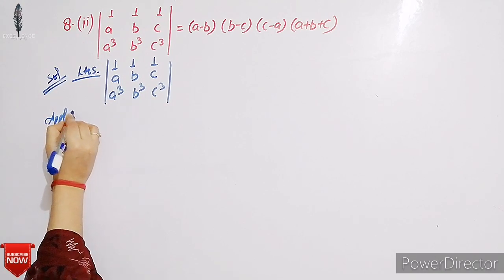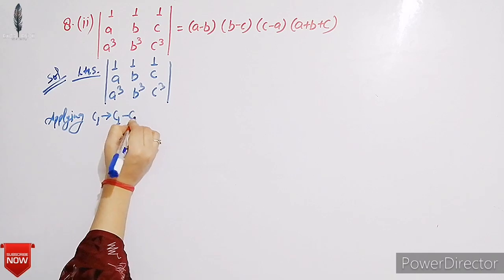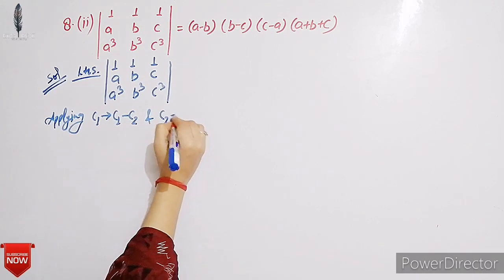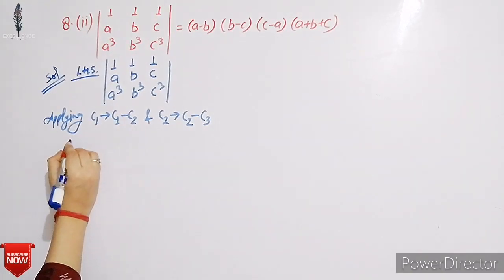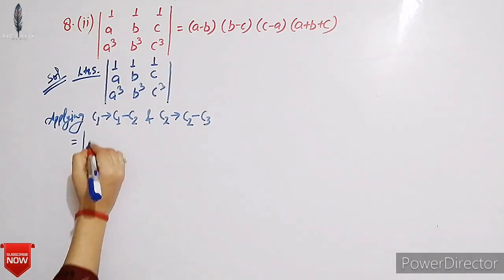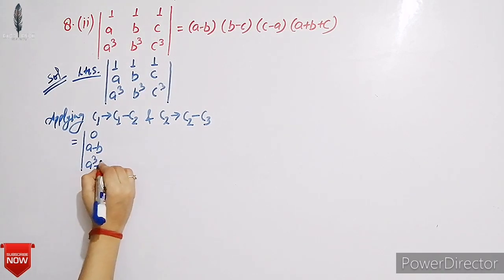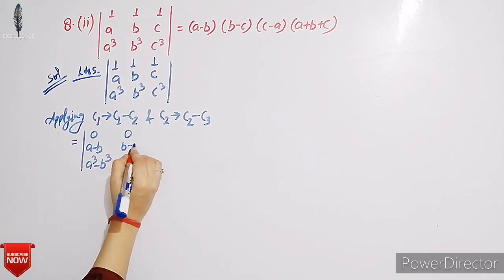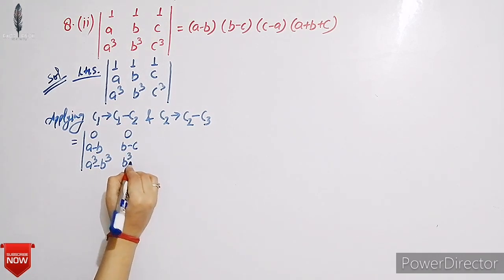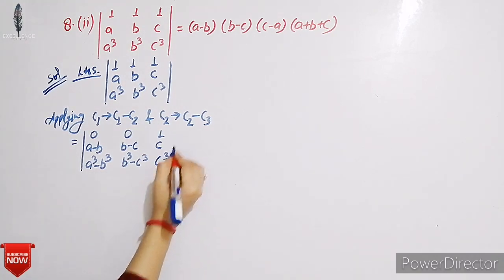So applying the change, C1 is such that C1 minus C2 and C2 is such that C2 minus C3, then we have here 0, A minus B, A cube minus B cube, and here also 0, B minus C, B cube minus C cube, and C3 is same 1, C, C cube.